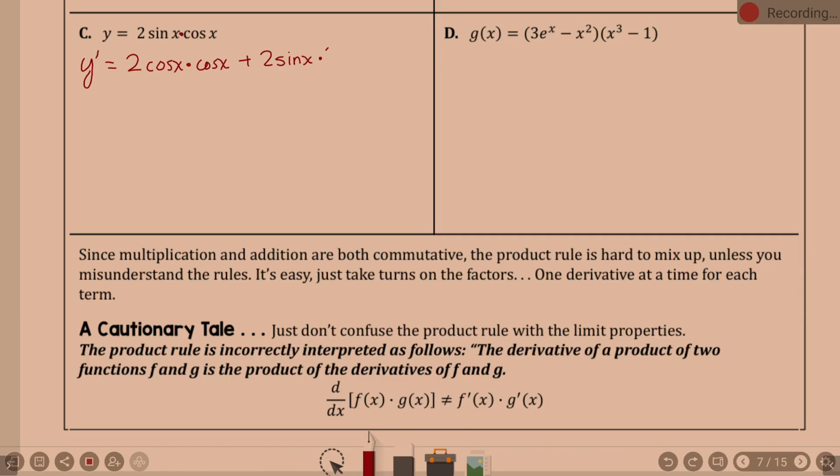Negative sine x. Clean up, of course. 2 cosine x times cosine x is 2 cosine squared x. 2 sine x times negative sine x is negative 2 sine squared x. So my answer is 2 cosine squared x minus 2 sine squared x.